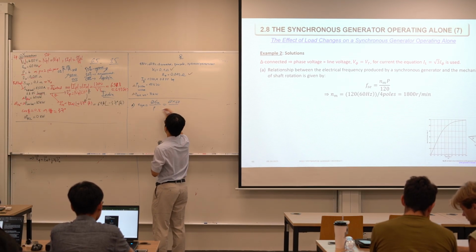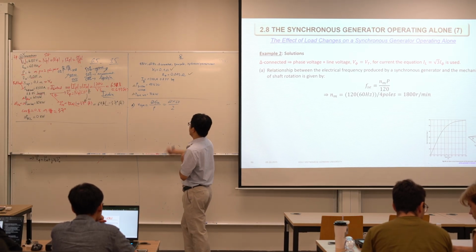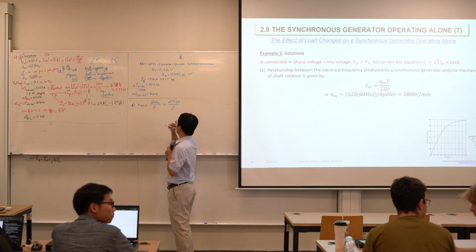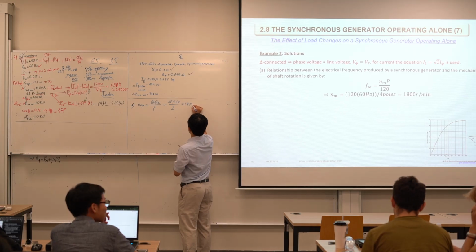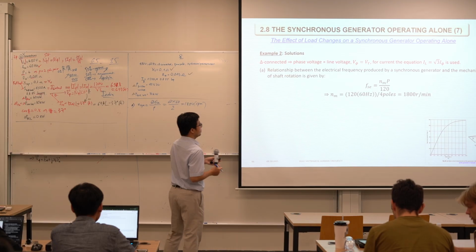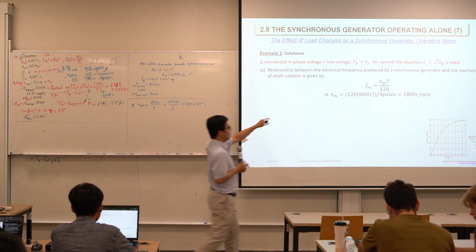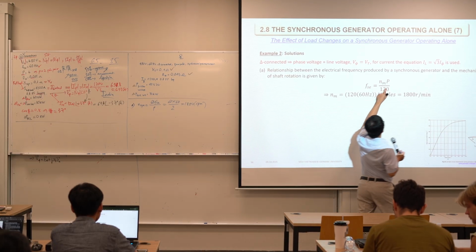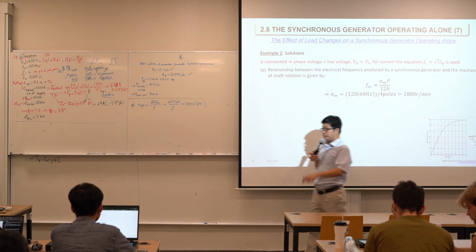And the number of pole pairs is 2, because I use 60 over the number of pole pairs. So you get 1,800 RPM. If we use capital P, we need to consider 120.